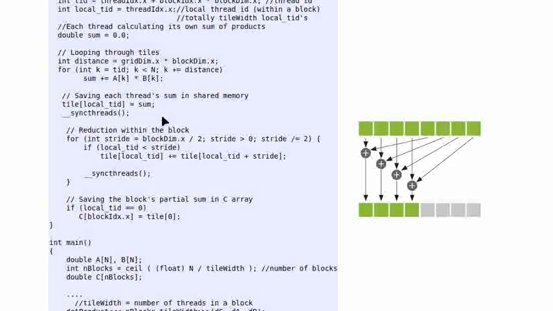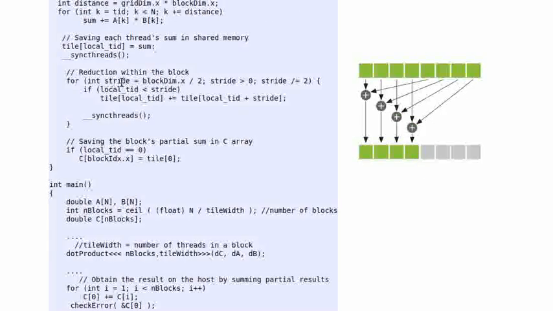Now we do a reduction within the block, and we can do that in parallel. We have the data within this block, so we have a thread adding this element with this element. The stride starts at blockDim.x over 2, so this and this.